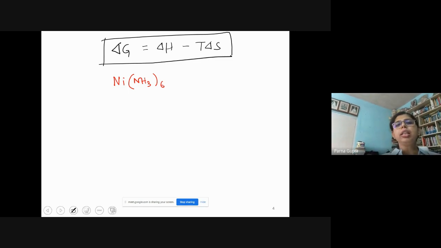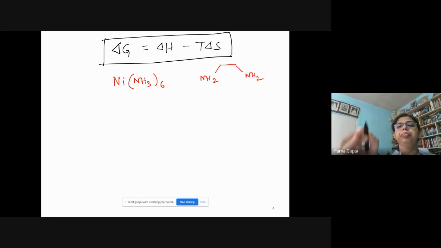Now Ni(NH3)6, and this is called ethylenediamine, en, right?